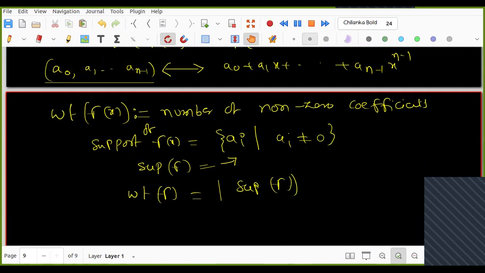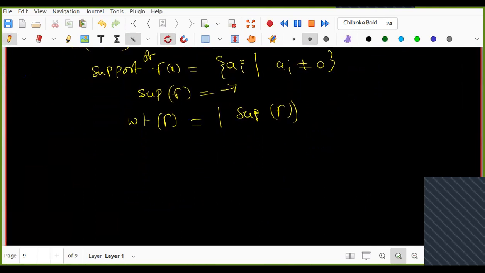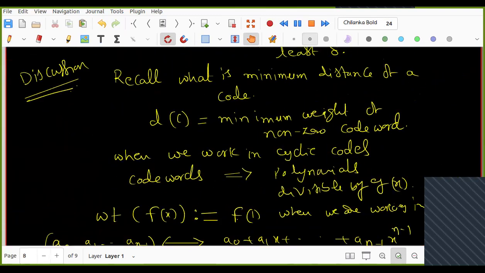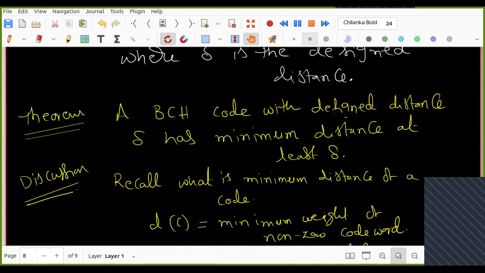No doubts. Okay. Now let me start the proof. Come back to the question. The statement is very simple: a BCH code with minimum design distance delta has a minimum distance at least delta.